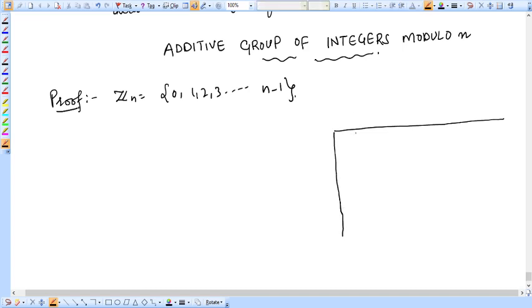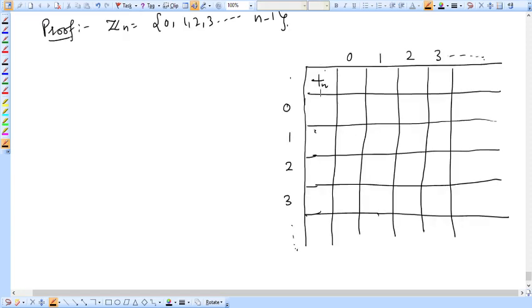Okay, in this table I'm going to list. Okay, so this is the table. With the help of this table we will be understanding a little bit about the addition modulo n, right? You see here elements in this case are 0, 1, 2, 3 and so on up to n minus 1, and here also n minus 1, right?